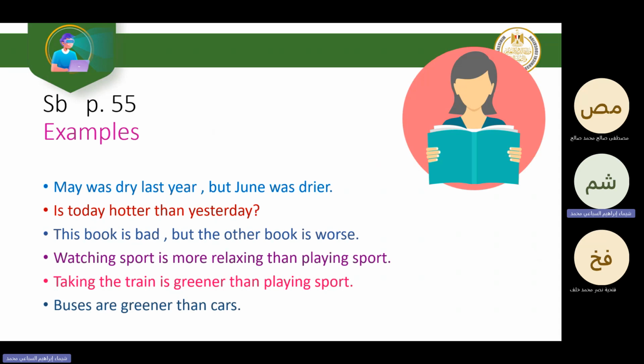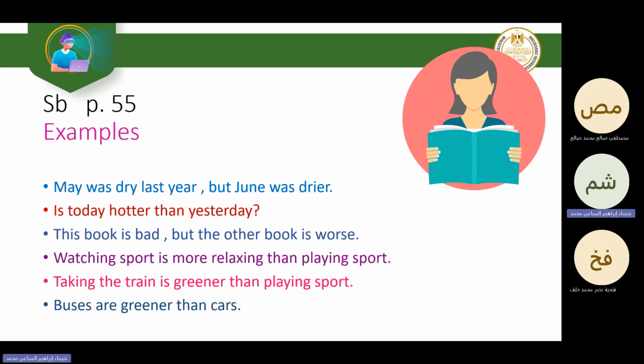These are some examples written in your student book, page 55, about comparatives. Okay, let's read them together. May was dry last year, but June was drier. So here I'm comparing between June and May.